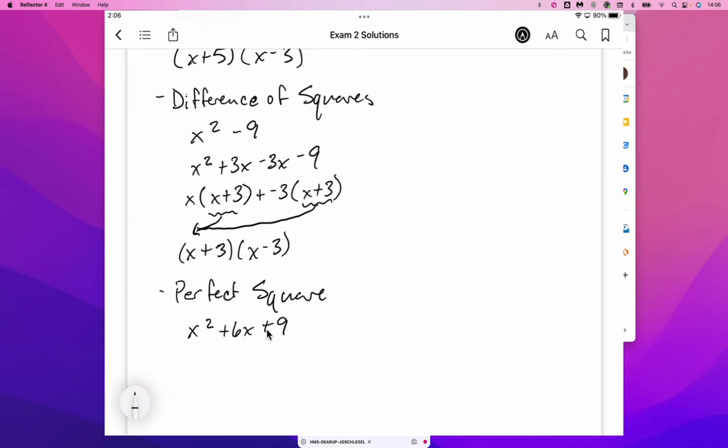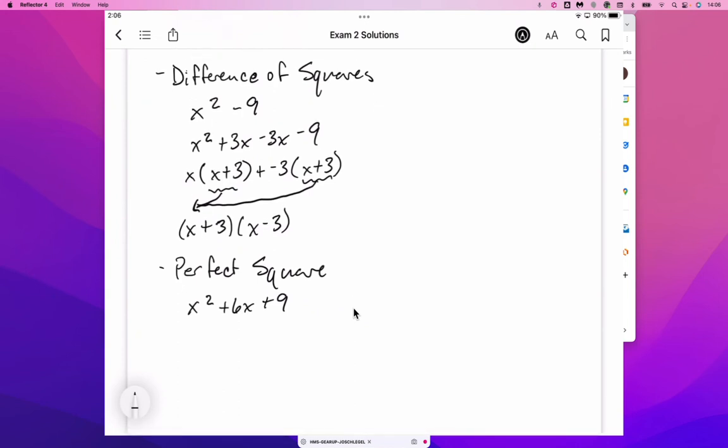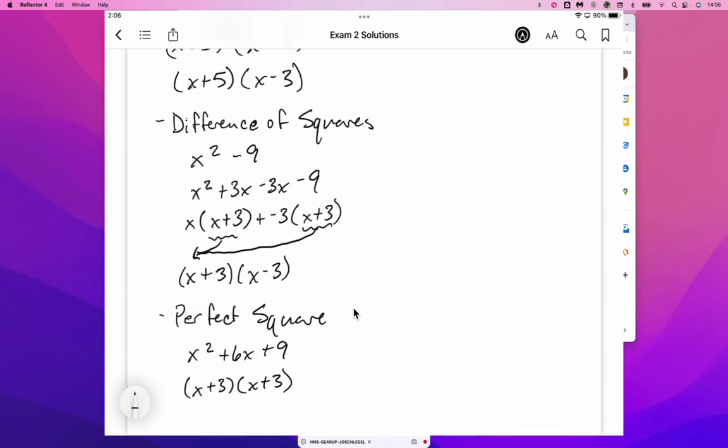And we would recognize that the factors of 9 are 3 and 3. 3 plus 3 makes 6, and so we could jump straight to x plus 3 times x plus 3.